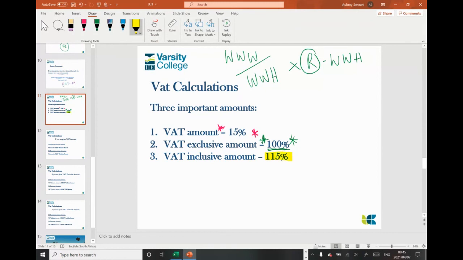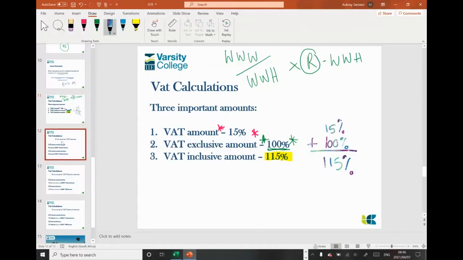In other words, it's this 15% VAT plus the 100% our selling price, which gives us 115%, the VAT inclusive amount. I hope it makes sense. So that's all you need to remember: the VAT amount is 15, exclusive is 100%, inclusive is 115.